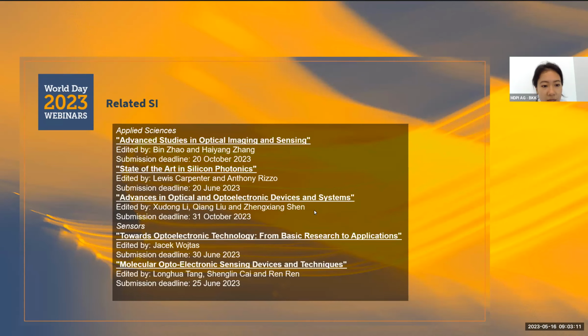And from Sensors, we have towards optoelectronic technology from basic research to applications, and lastly, molecular optoelectronic sensing devices and techniques. If you're interested in finding out more about our special issues, you can just search Applied Sciences MDPI.